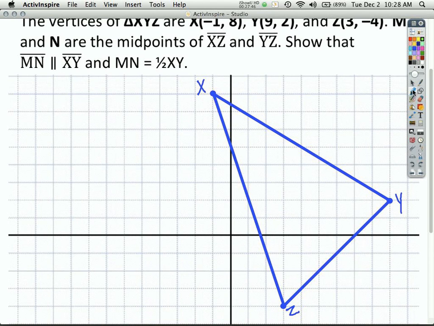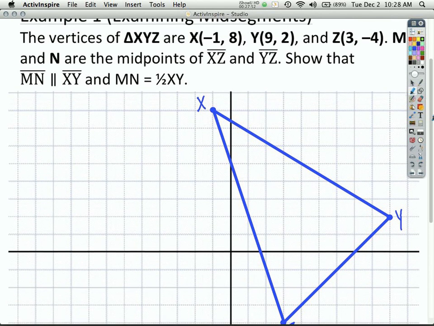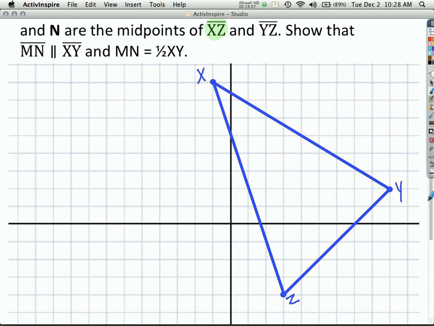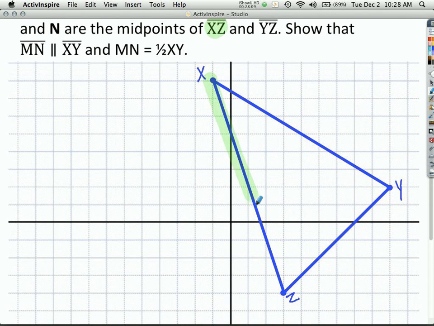So if you're sticking with me, then you've got this picture. And now we are told that M and N are the midpoints of XZ and YZ. So let's start with M being the midpoint of XZ. This is not a guessing game. So here is XZ.